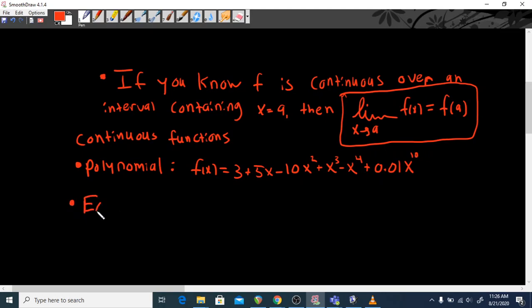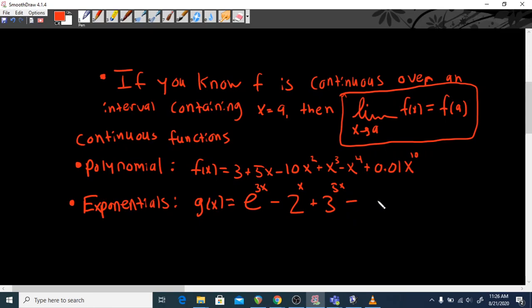The exponential functions are continuous. So we're talking about e to the 3x, that's exponential, minus 2 to the x, plus 3 to the power 5x, minus 10 to the pi x.